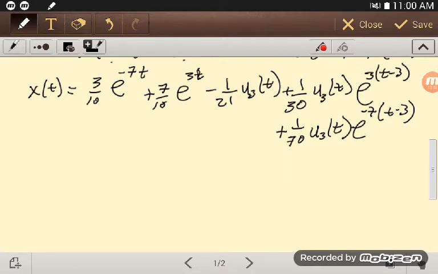Now, this u3t, remember, is just the unit step function that says that's 0 until I hit t equal 3, then it's 1.